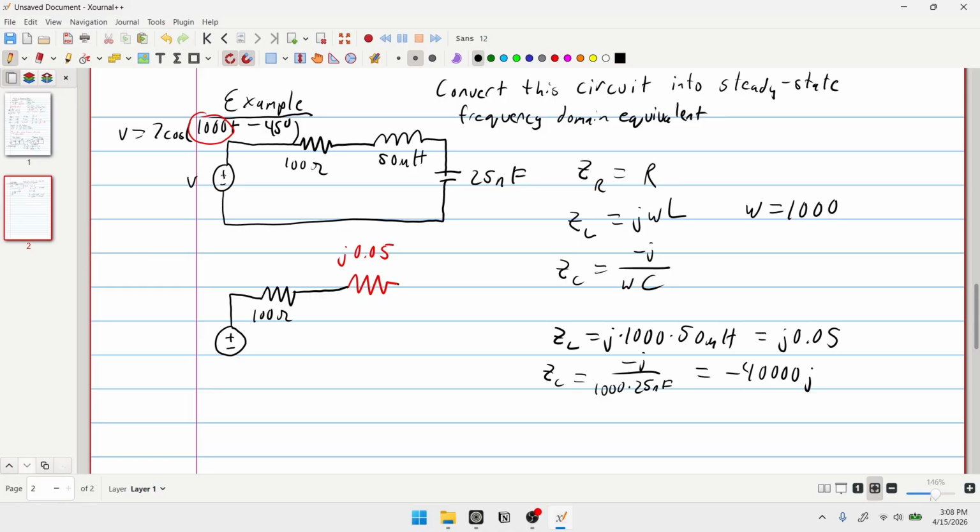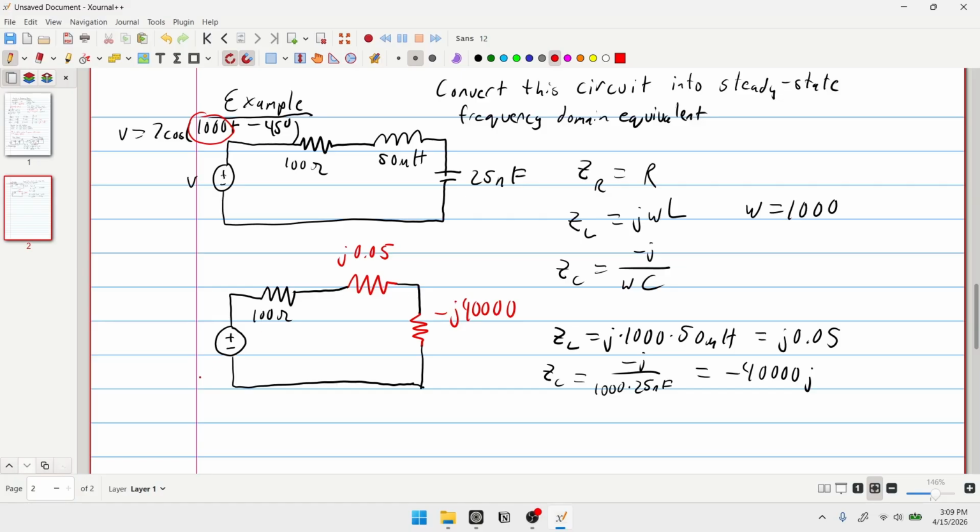And then for the capacitor, another complex impedance. We're going to have that be negative j40,000.